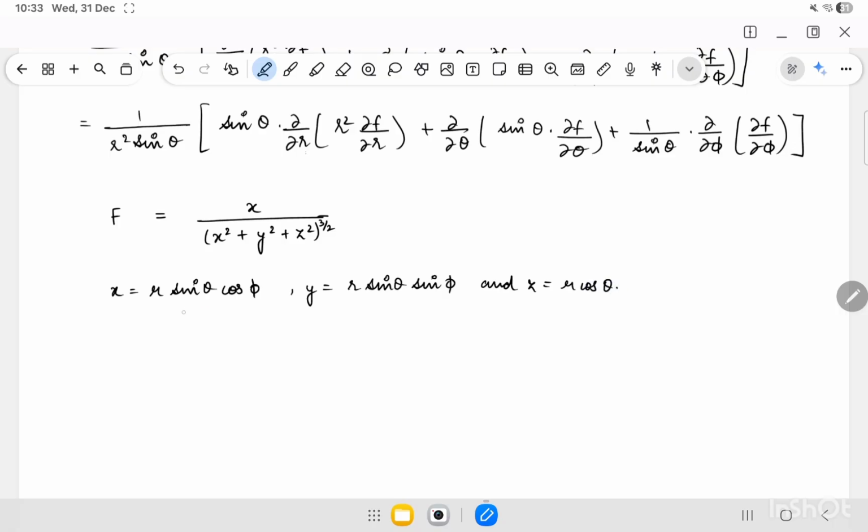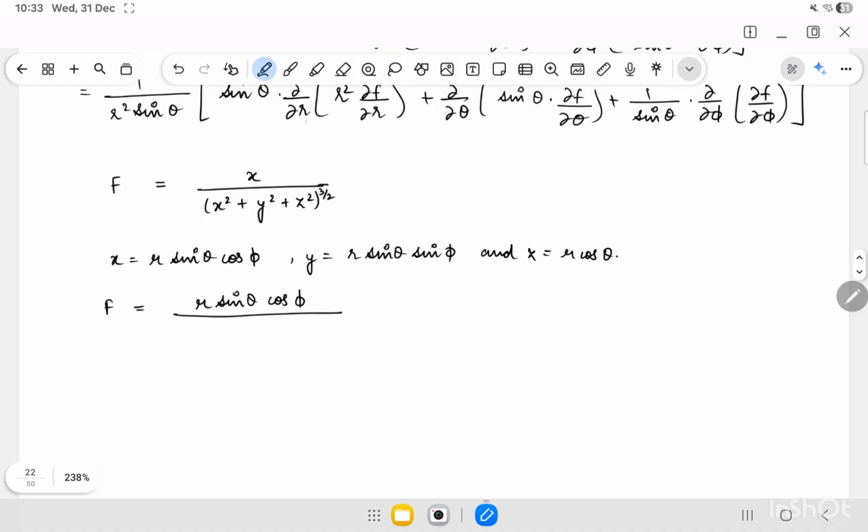Now if I plug in the values of x, y and z in f, I'll get f as r sin theta cos phi divided by x square plus y square plus z square, which is r square, raised to 3 by 2, which is equal to r sin theta cos phi divided by r cube, which is equal to sin theta cos phi divided by r square.